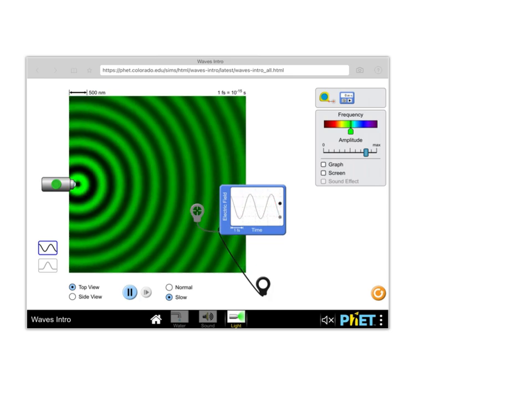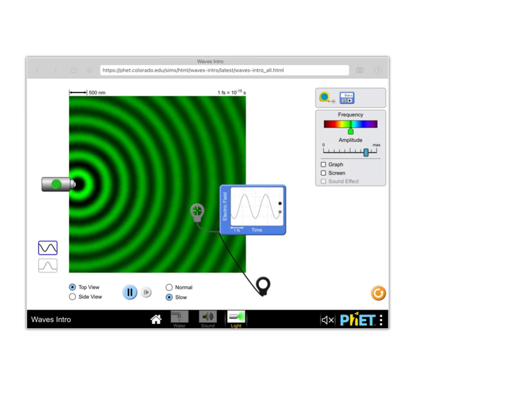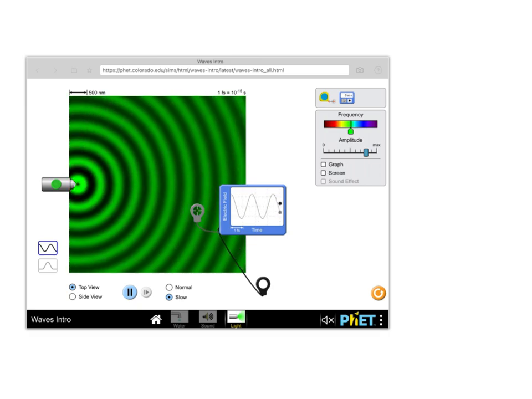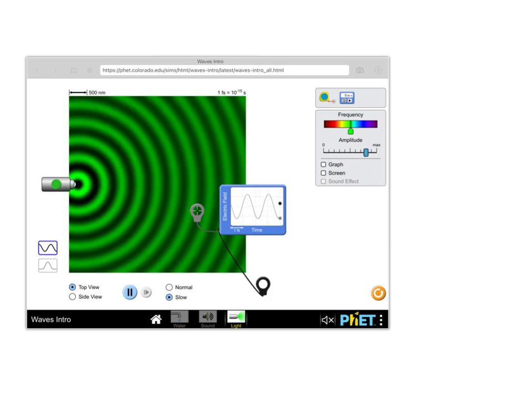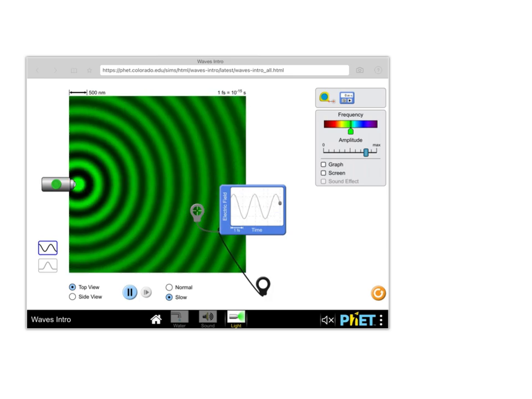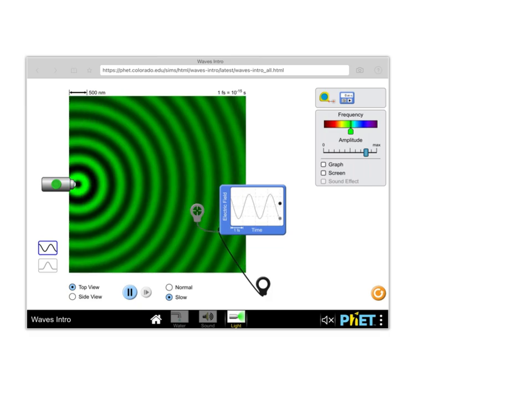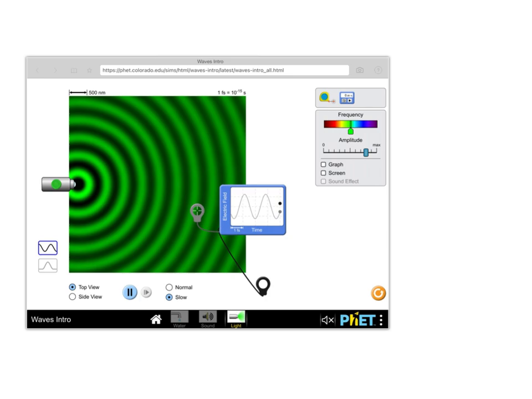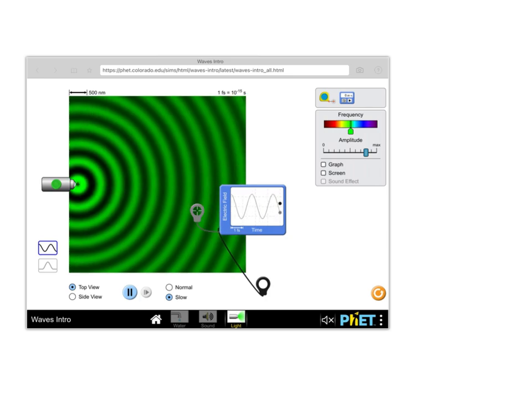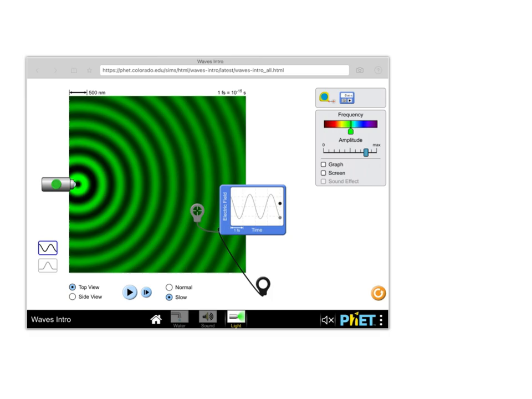So you can see that this electric field, this light, has the same sorts of characteristics. We have a wavelength, and we have a frequency, and we have a period. Okay, so let's do the wavelength first. Let's pause this and measure the wavelength.